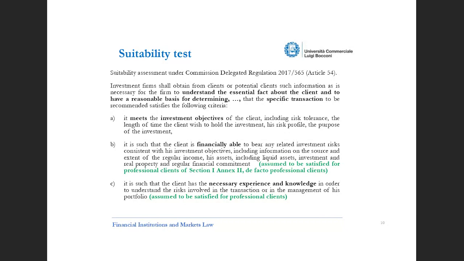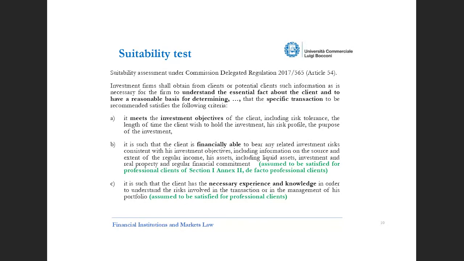It is such that the client is financially able to bear investment risks consistent with his investment objectives, and is such that the client has the necessary experience and knowledge in order to understand the risks involved in the transaction.